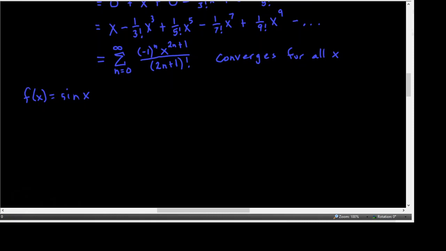In other words, the question is, is sine of x actually equal to this series that we just developed? A disturbing thought to have gone through all that work and then question whether or not it's actually valid.